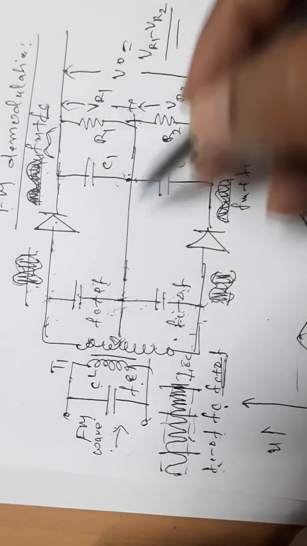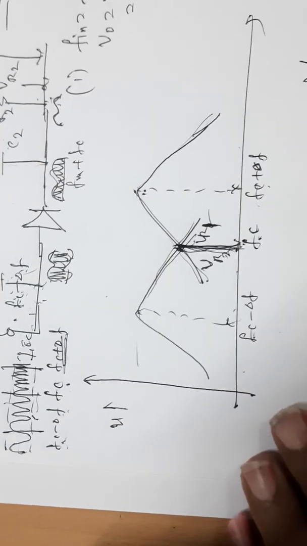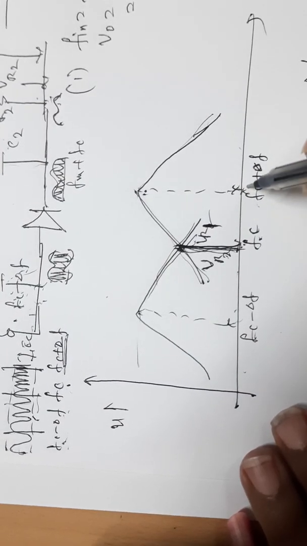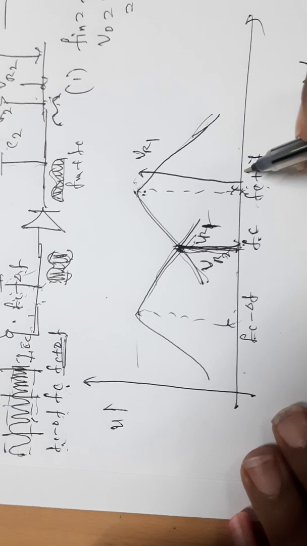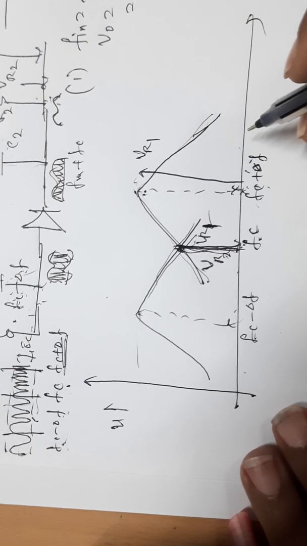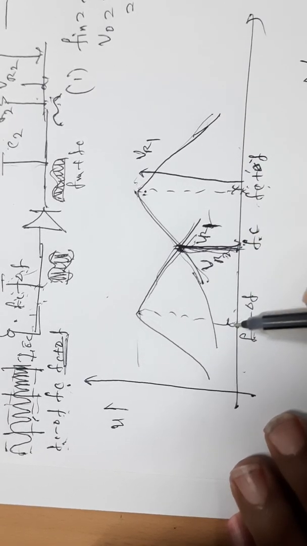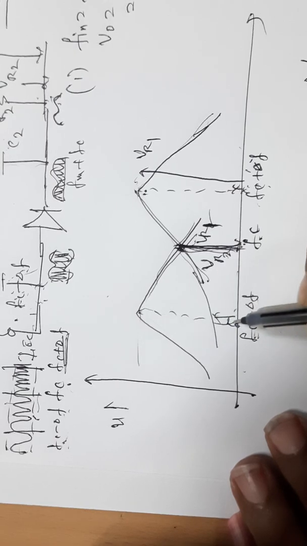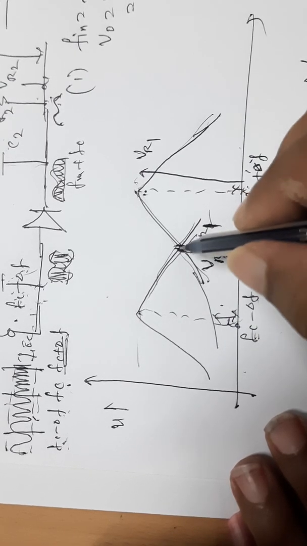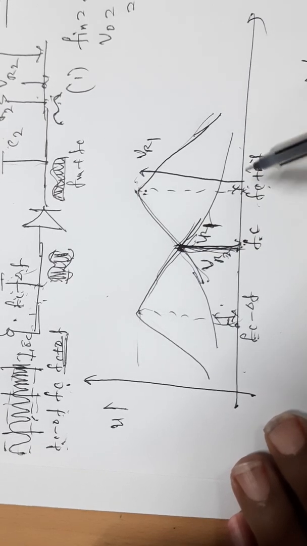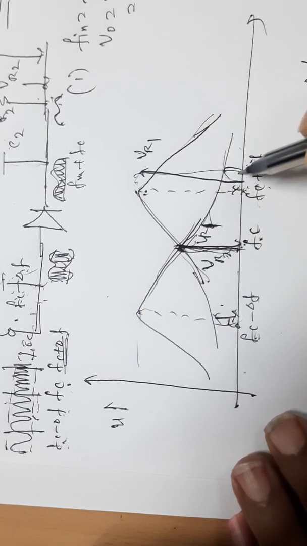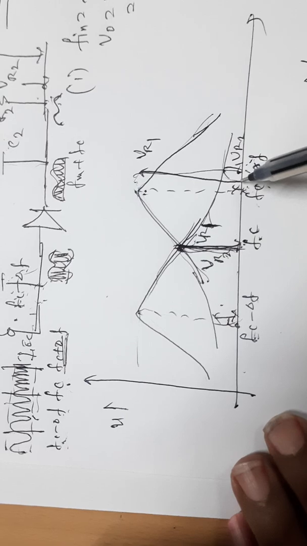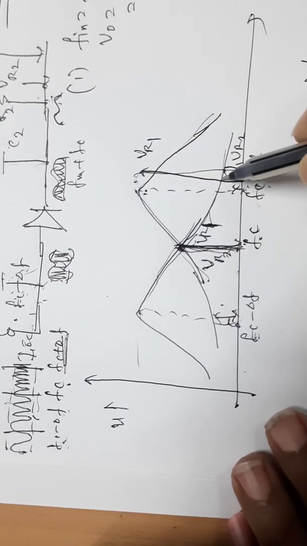This is VR1, this voltage is VR2. So at frequency Fc plus delta F, VR1 is maximum and VR2 is minimum.